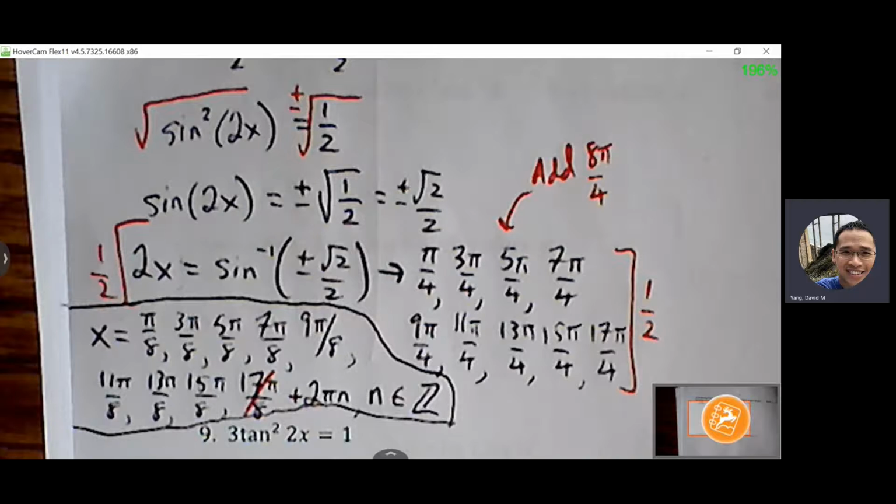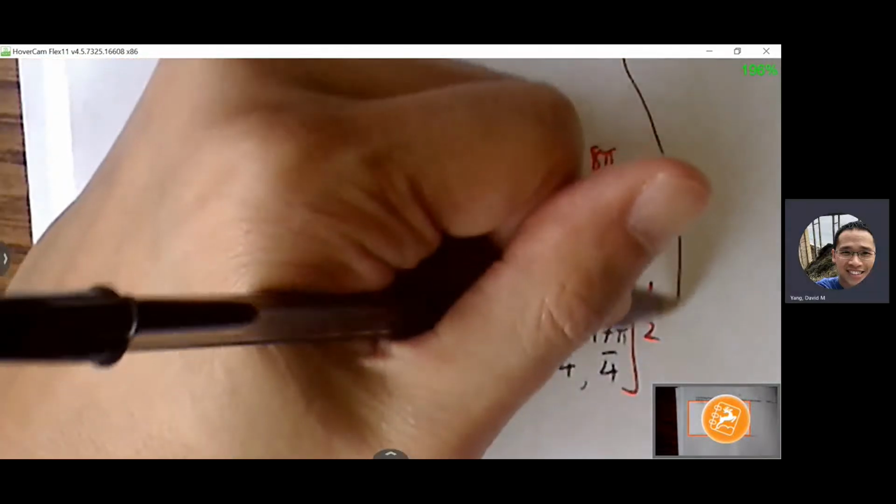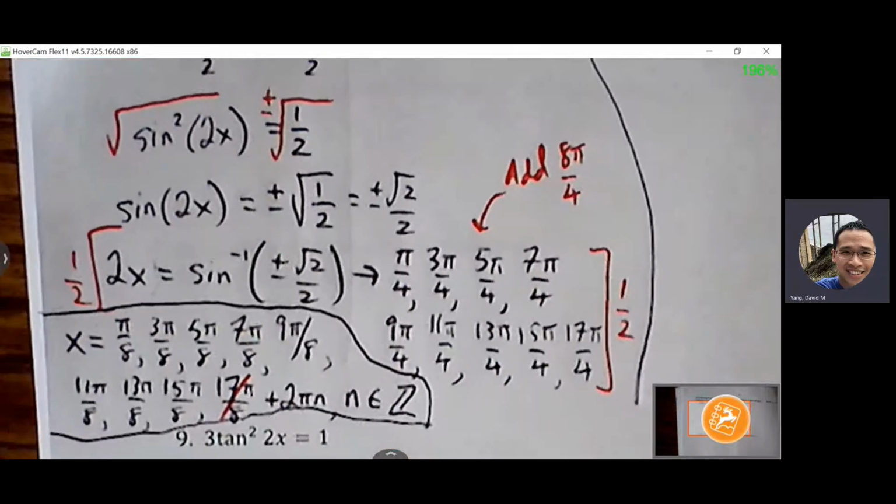Okay, same idea for 8. Use the multiple angle strategy. No, don't expand using double angle.